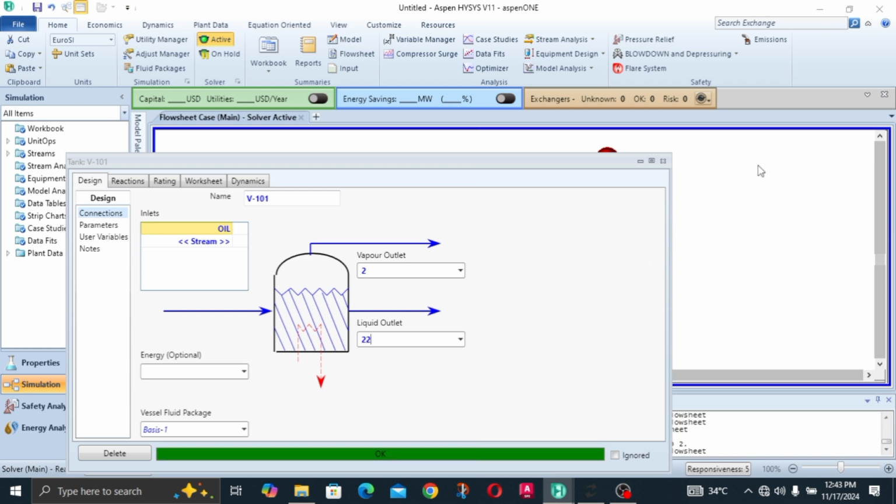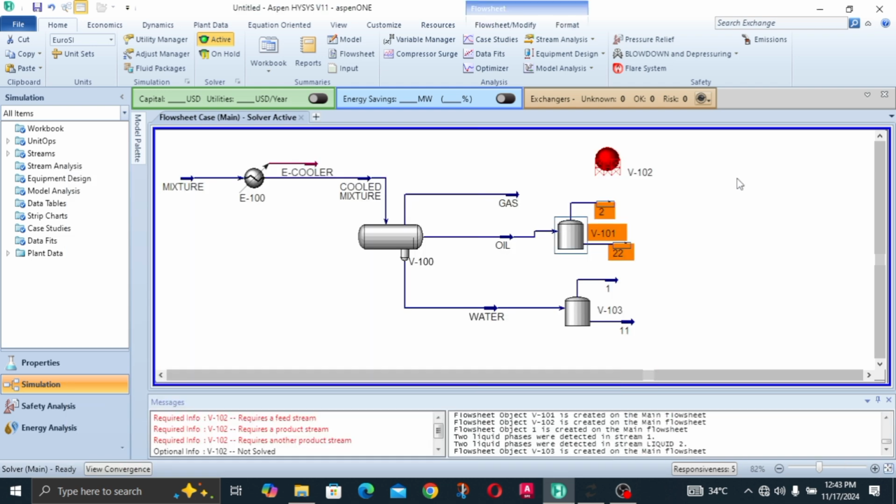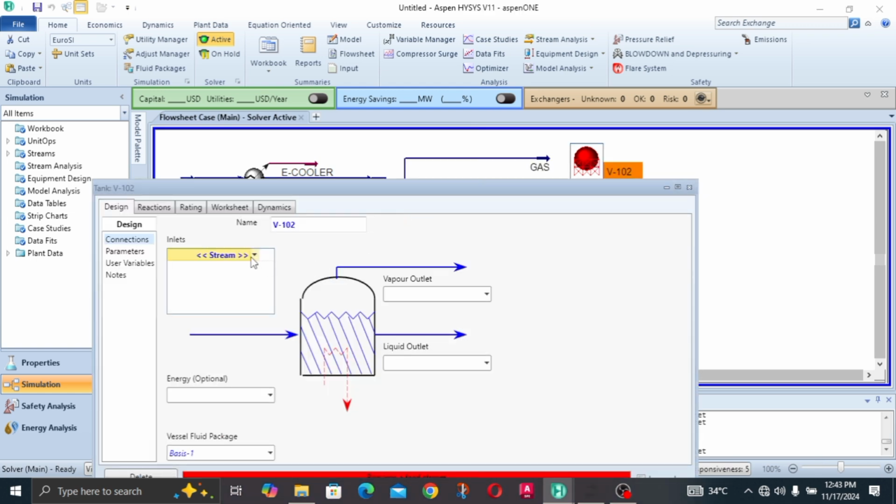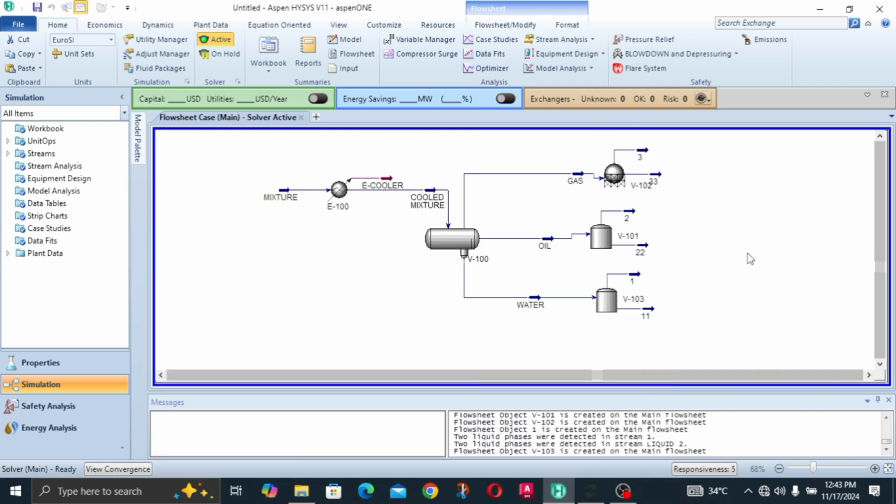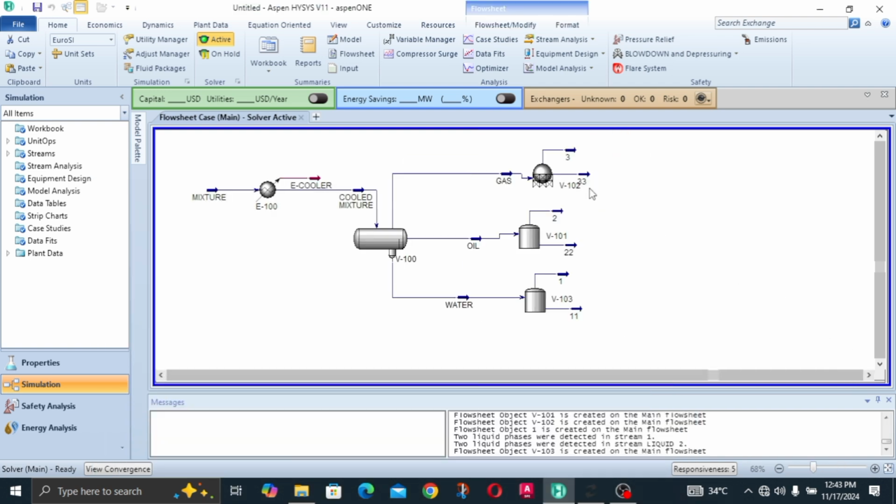Call this 22. Okay, successfully created. Then we should attach the gas. Call this 3 and call this 33. Okay. With that, we've successfully operated the tanks.